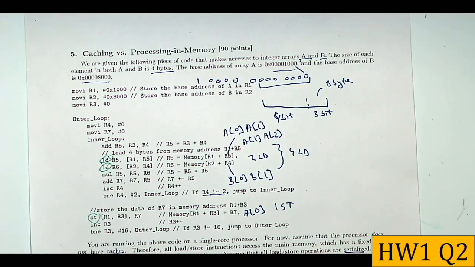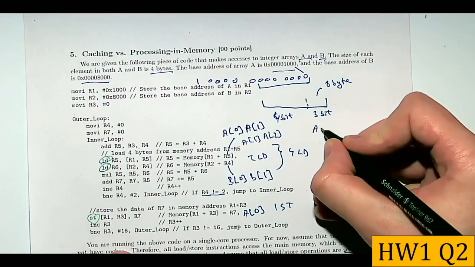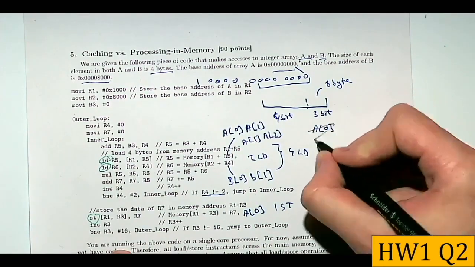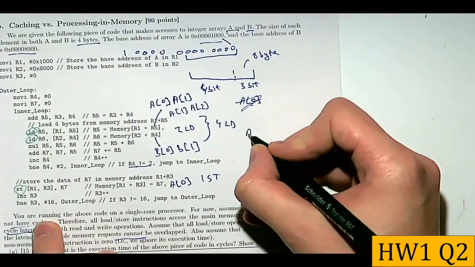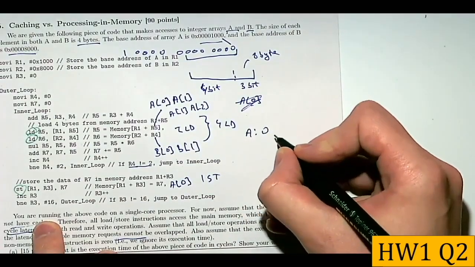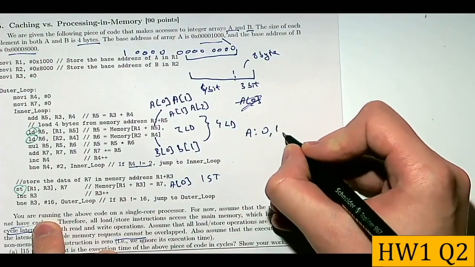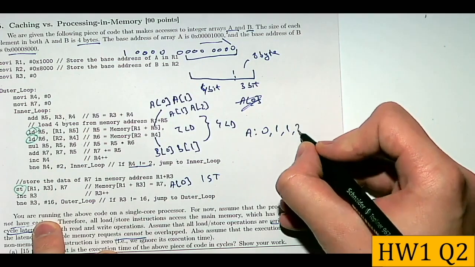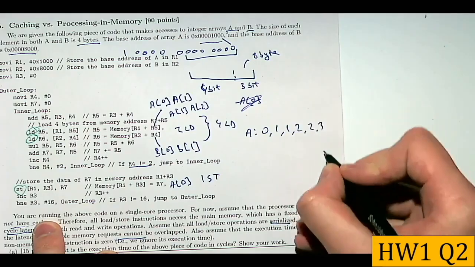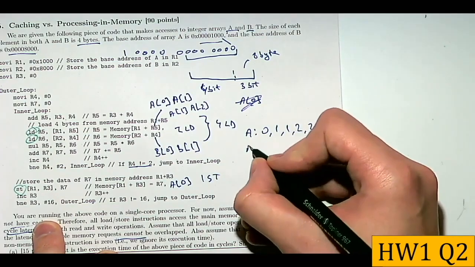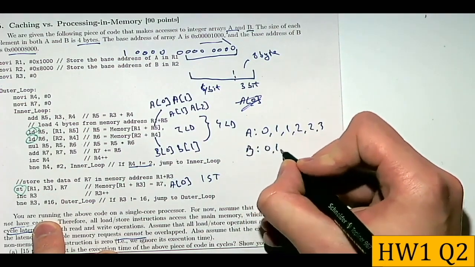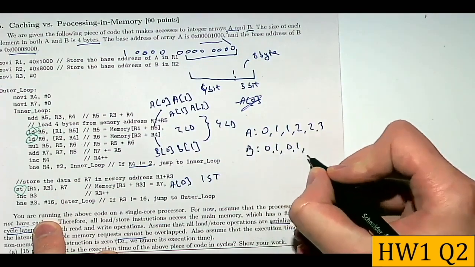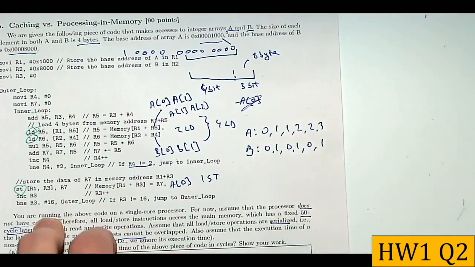Is that clear? So basically it goes like this. So we touch element 0 of A, and then 1, and then 1 again, and then 2, and then 2 and 3. It goes this way. But for B, we basically repeatedly access elements 0 and 1.